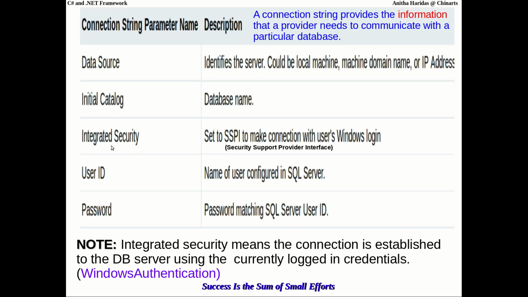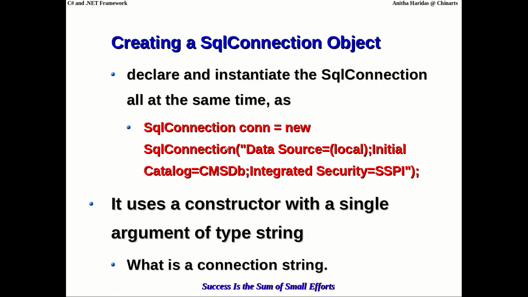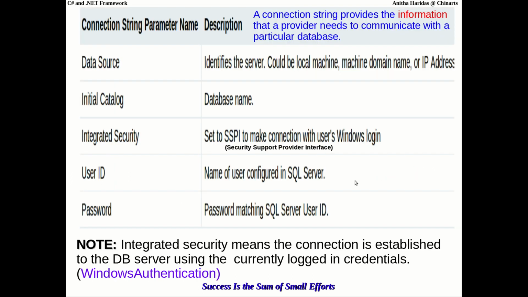Then the third parameter is integrated security. If you give the value as SSPI, SSPI is nothing but security support provider interface. In the integrated security, you can give either SSPI or a value like none.